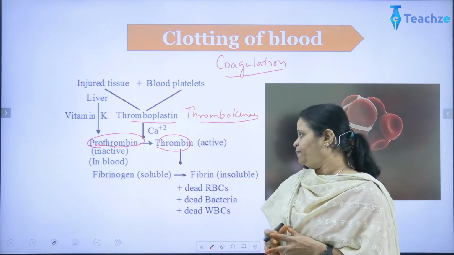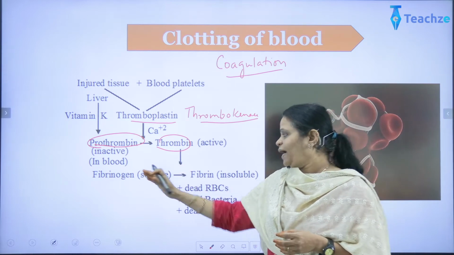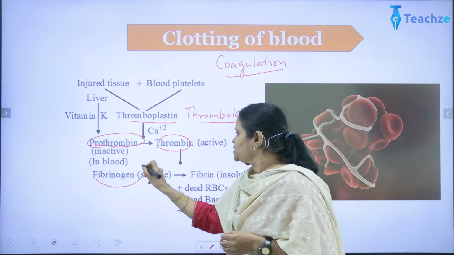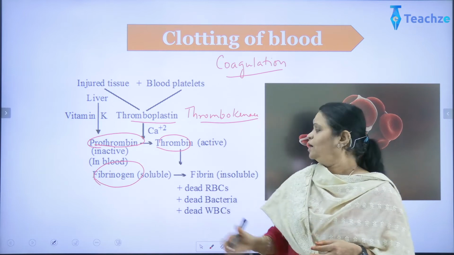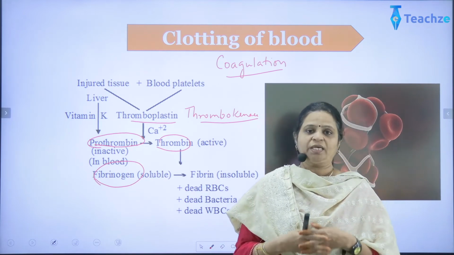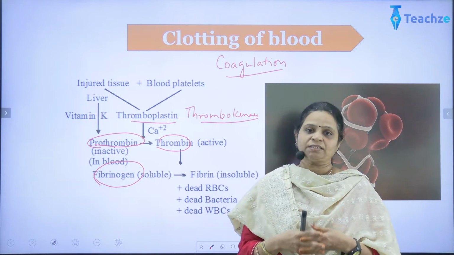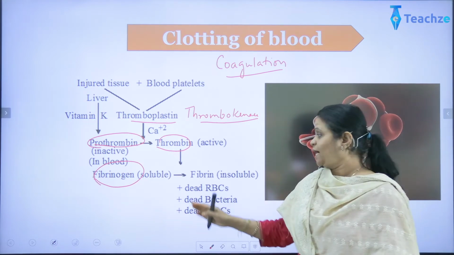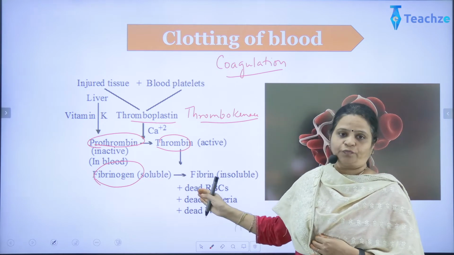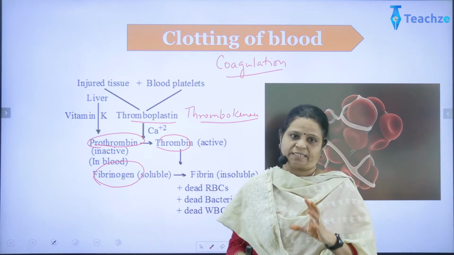Once thrombin gets active, there is fibrinogen. When we did the plasma in the previous session, we saw that there were certain proteins and clotting factors. This fibrinogen is in an inactive form in the plasma. It has to be converted to an active form so that the clot forms at that site.